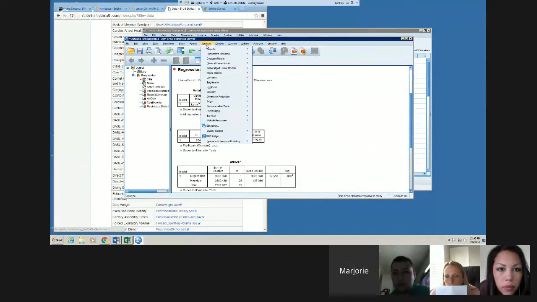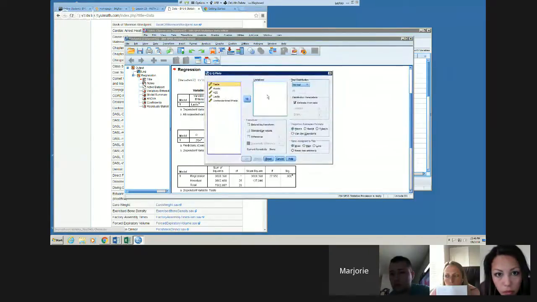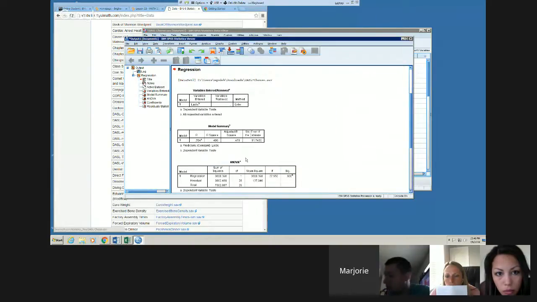Well, you just did the analyze one. Now you can do the graphs. Now I'm just doing a QQ plot, right? And just bringing over the variables. Nothing else.